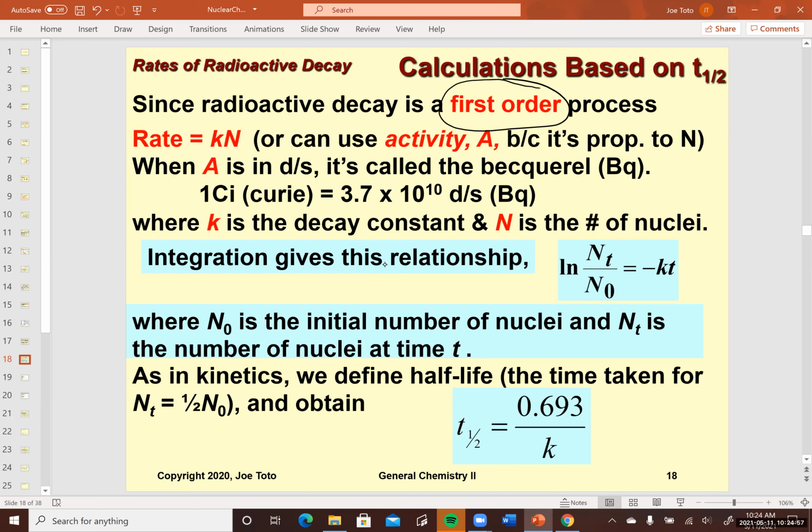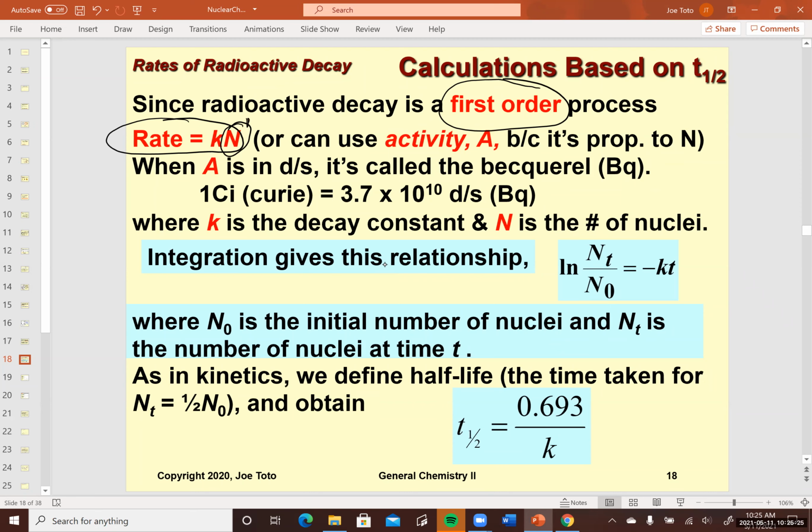So this rate equation here would be the rate of decay. This is found to equal some constant times the concentration of radioactive particles to the first power. It's the first order decay process. And you've studied 0th order and 2nd order as well, but this one is the first order.